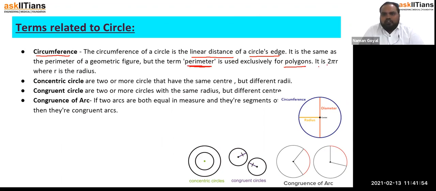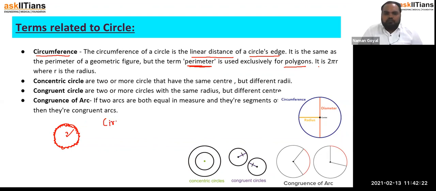So basically if I draw a circle, the length of this circle is known as circumference. We can also say the boundary of that circle is the circumference, and we know that the boundary of any figure is perimeter, so it is the perimeter of a circle.